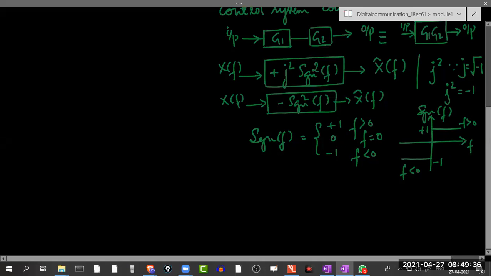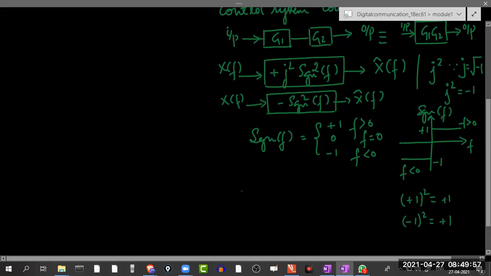But am I having just the signum function over here? No, it's signum squared. So when I square this, what happens? The positive value, +1 squared, is +1 itself. Whereas the amplitude for negative frequency is -1 squared, so I'll have +1.